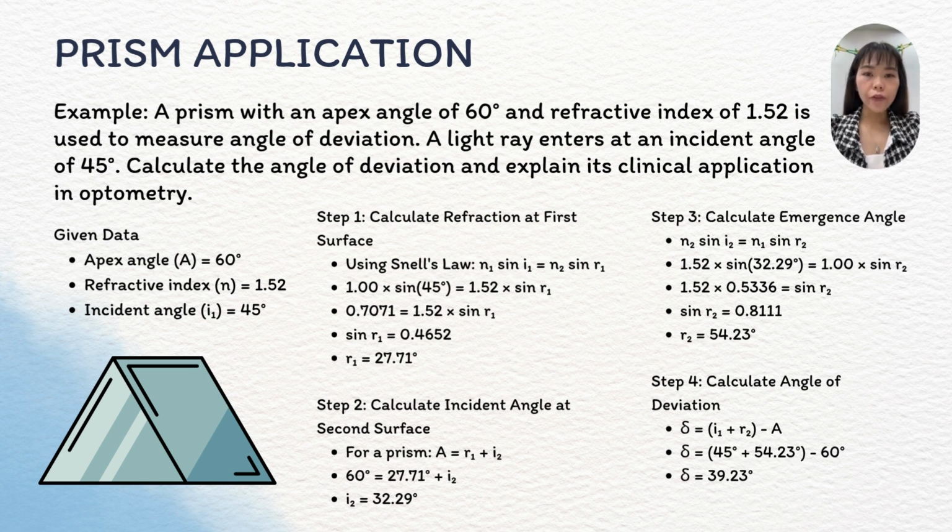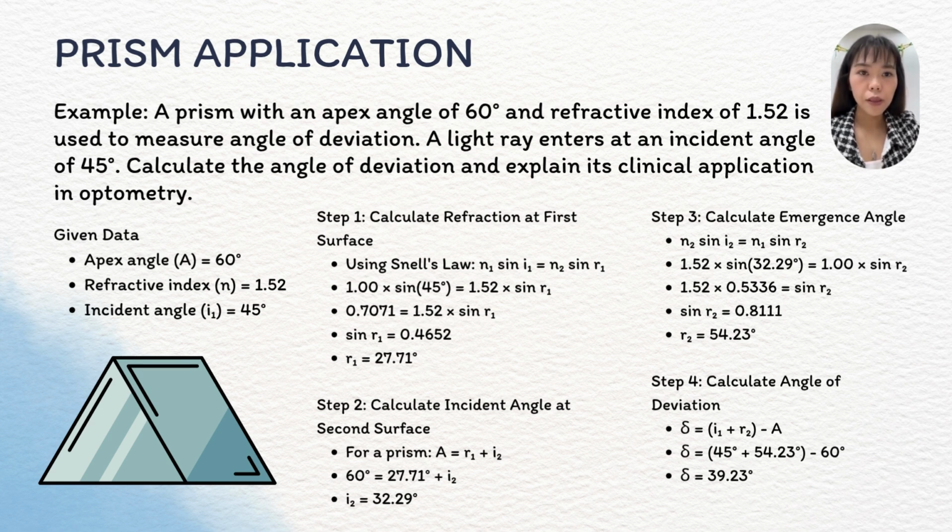Now we have the prism application. A prism with an apex angle of 16 degrees and a refractive index of 1.52 is used to measure the angle of deviation. By applying Snell's law and performing the step-by-step calculation, we find the angle of deviation to be approximately 39.23 degrees.